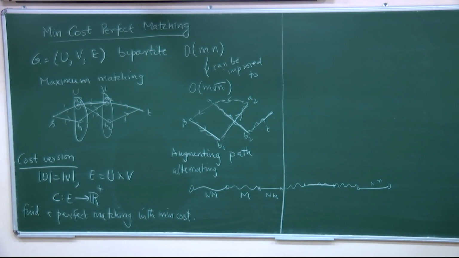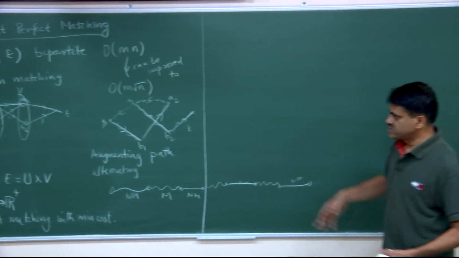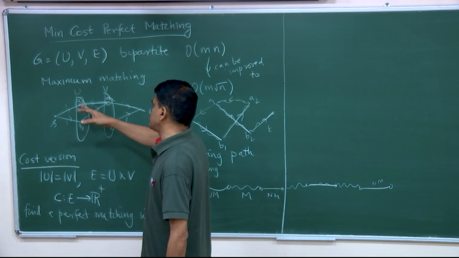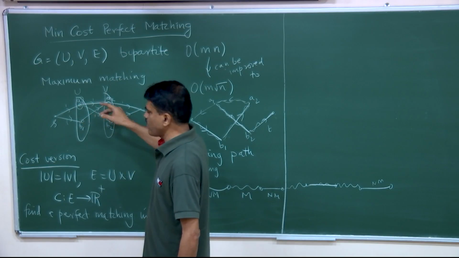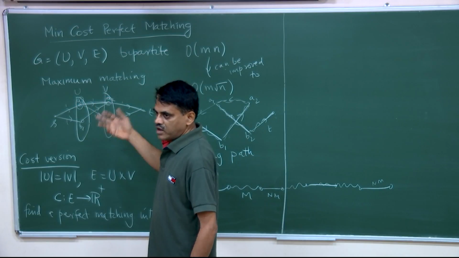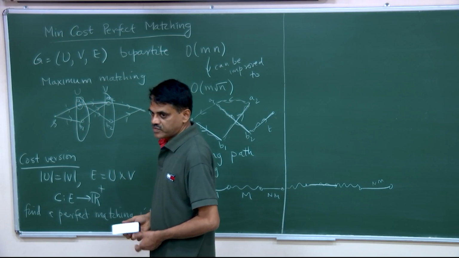So this also comes up in many realistic situations. You can think of this as people and jobs, and you want to associate persons with jobs, but there is some cost associated with this assignment, and you want to minimize the cost. Okay.